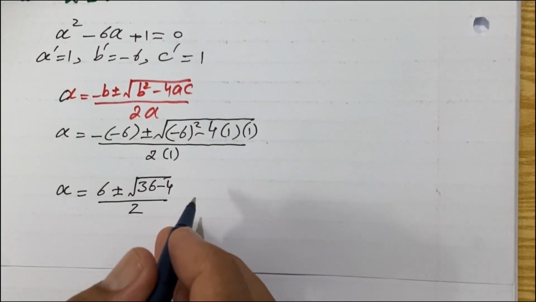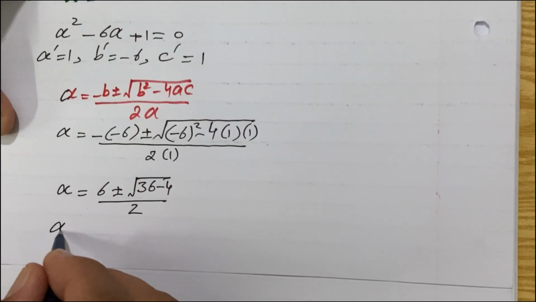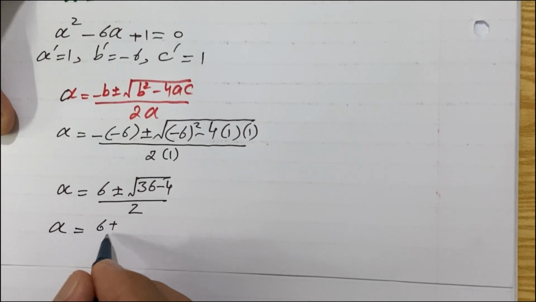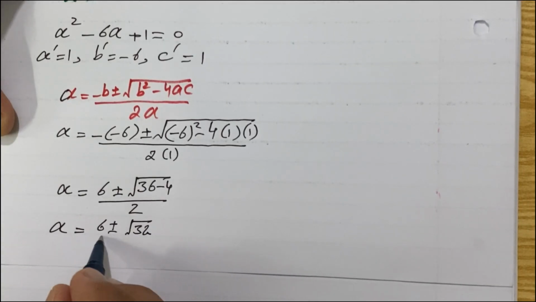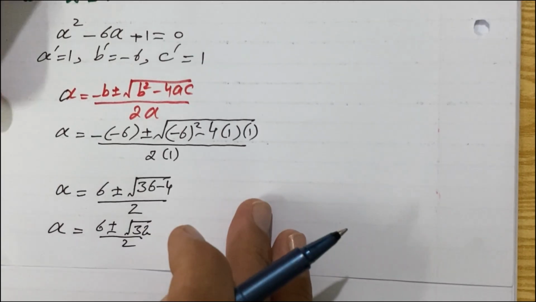Then a is equal to 6 plus minus under root 32 over 2.